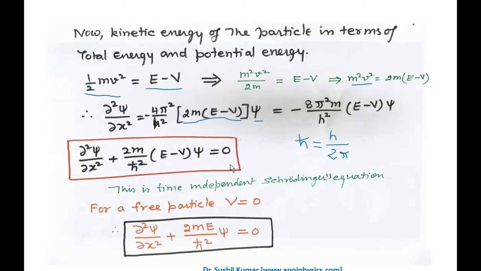But if suppose I have to write this for a free particle, that means the particle can move here and there, that is not bound, so it means V is equal to 0. So in this case the time independent Schrodinger equation becomes like this: del square psi upon del x square plus 2m E upon h cross square psi is equal to 0.